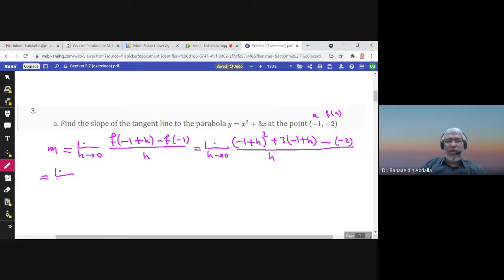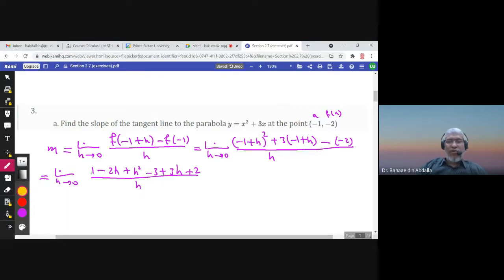So this would be the limit as h approaches 0 of: expand negative 1 to the power 2, which is 1, then minus 2h plus h squared, plus 3 times minus 1 is negative 3, plus 3h, minus times minus is plus 2, over h.